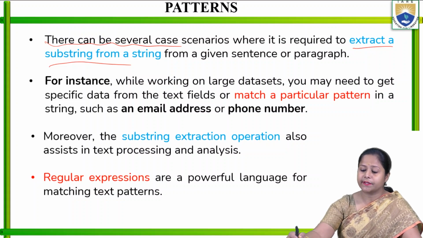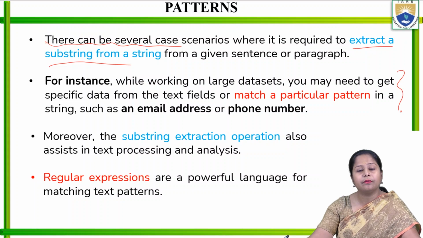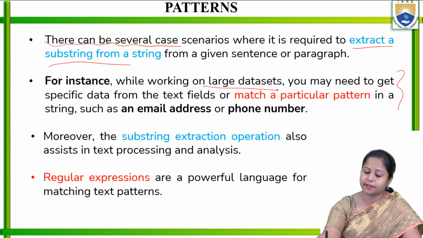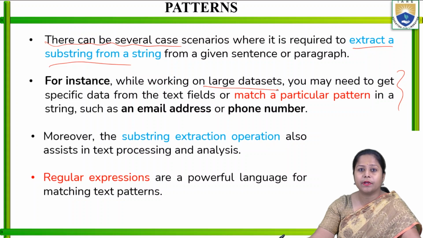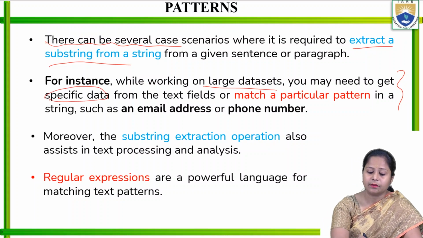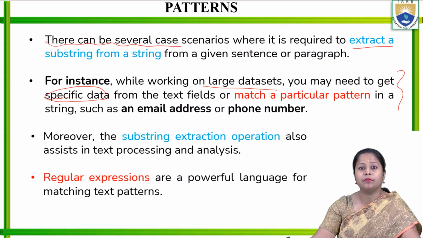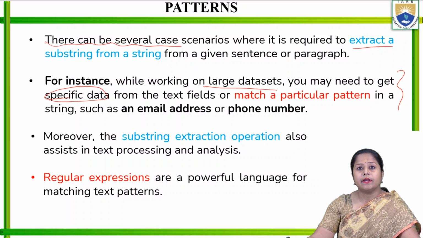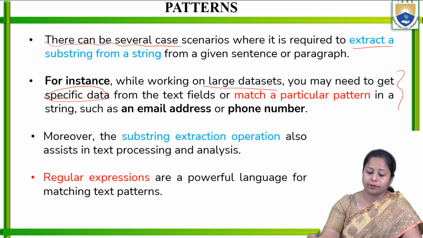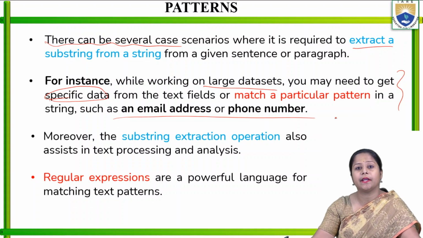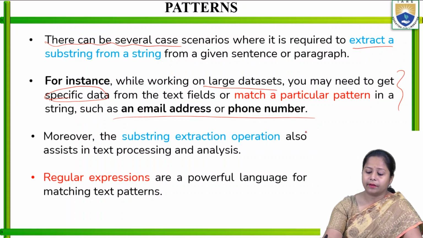For example, while working on large datasets, you may need to get specific data, some special type of data only, and from the text fields we have to match a particular pattern. In that case, from that string we may have to extract an email id or a phone number, and that is called a pattern.